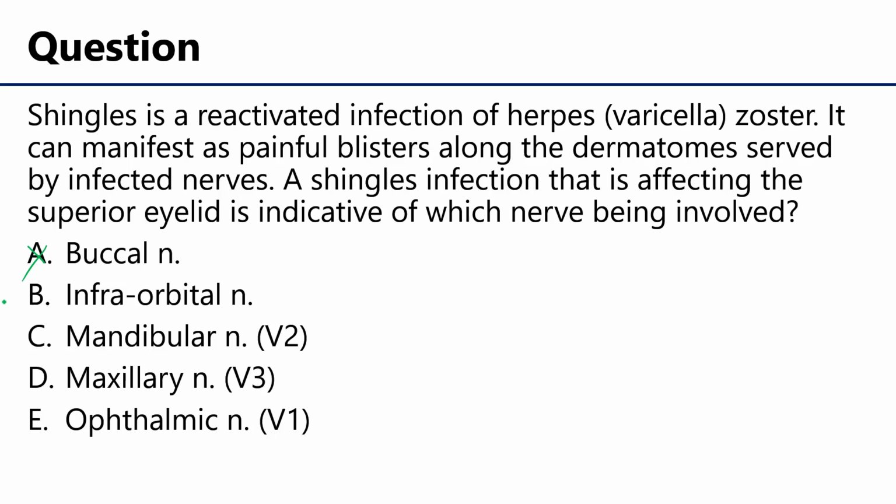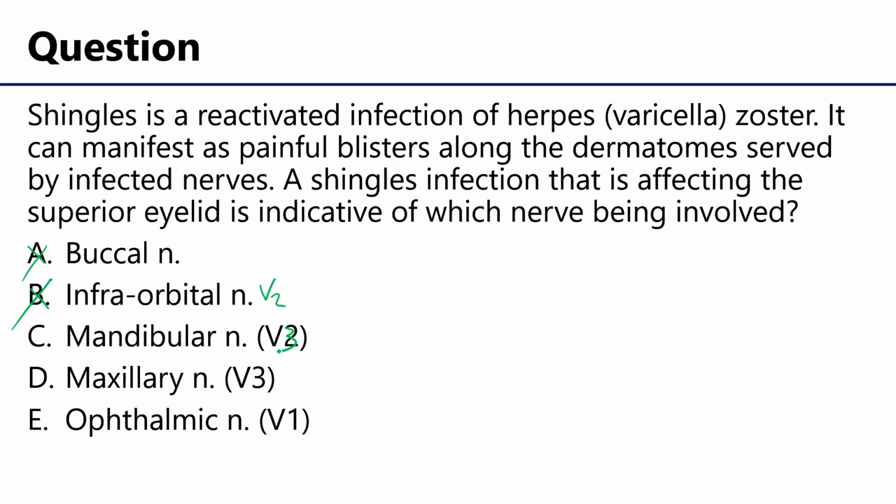Infraorbital, well, it does say orbit, and we are talking about superior palpebra, but if you recall, infraorbital is going to be V2, so that is not correct. Mandibular nerve, this is an error here.